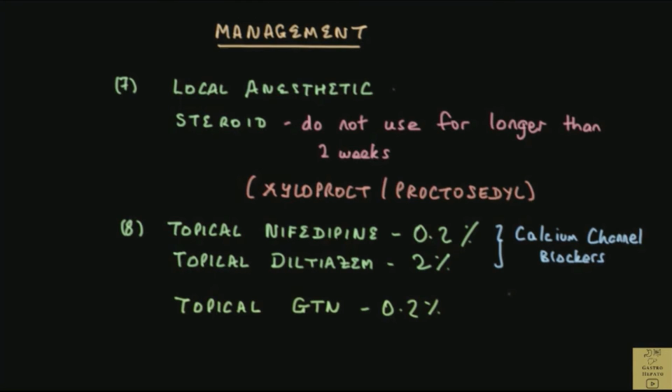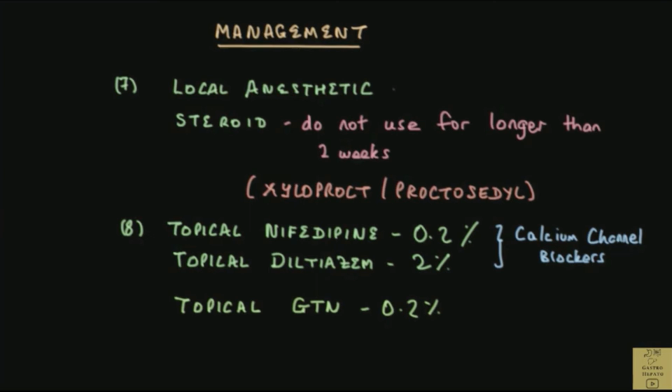All of these ointments are usually started 1 to 2 weeks after onset of the anal fissure and continued for at least 6 weeks or until the fissure heals. Unfortunately, these preparations are not available in many countries. The main side effect of these preparations is headache. However, topical nifedipine and diltiazem have fewer side effects compared to topical GTN.